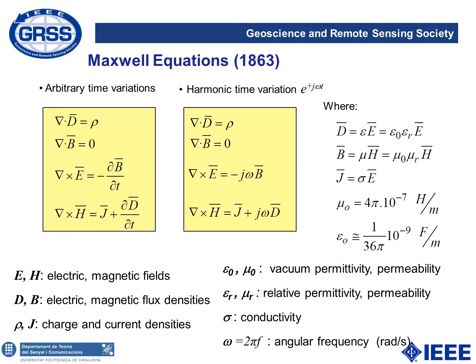These parameters of materials are the electric permittivity, this epsilon, which models the changes in the internal charge distribution caused by an external electric field, for example, this product here.